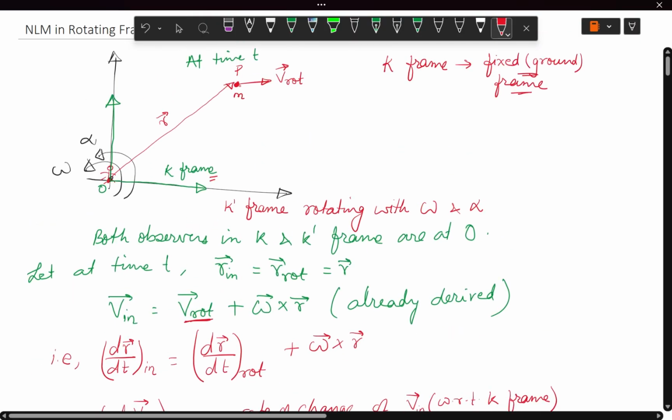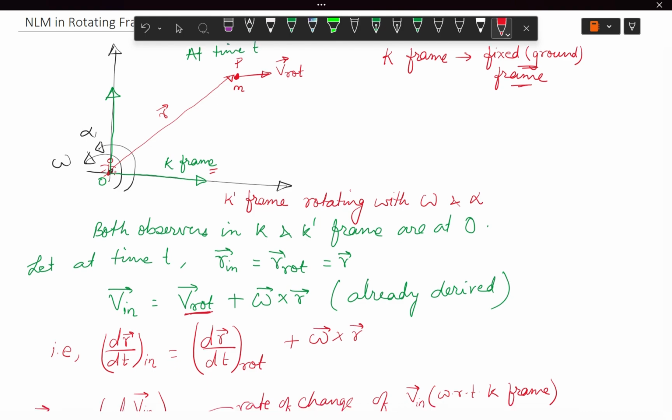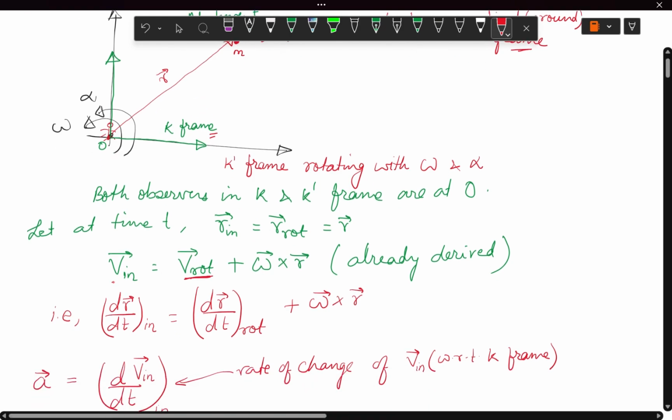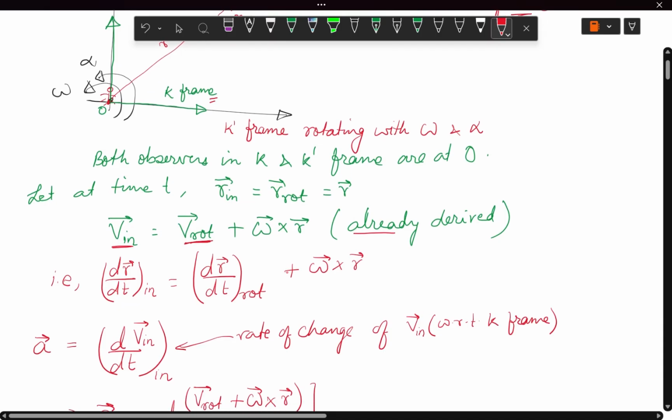Here I have shown this particle P has the velocity V_rot with respect to this rotating observer. This is the relation which we have already derived in great detail. So velocity with respect to the inertial observer is equal to velocity with respect to the rotating observer plus omega cross r, which we have seen.